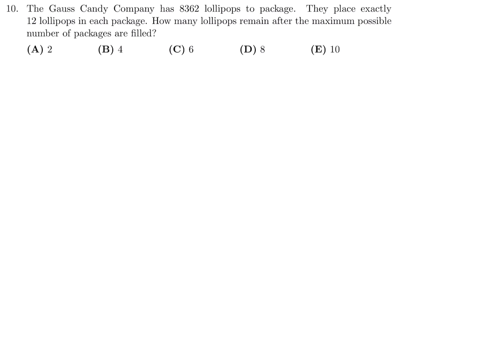The Gauss Candy Company has 8362 lollipops to package. They place exactly 12 lollipops in each package. How many lollipops remain after the maximum possible number of packages are filled? So you're taking all of these and putting them into packages of 12. So 8362 divided by 12 is how many packages?